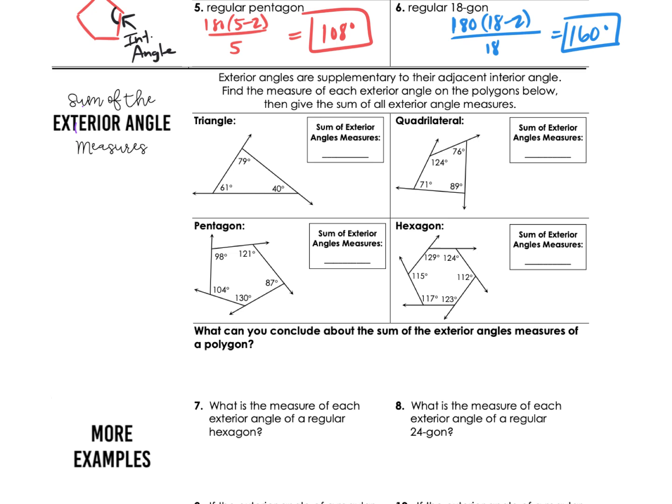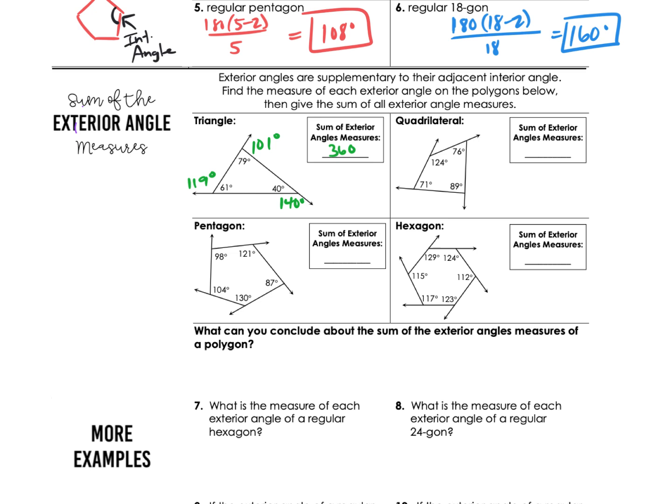The sum of your exterior angles, well, let's see what happens in this triangle. 180 minus 61, that's 119 degrees. 180 minus 79, that's 101. 180 minus 40 degrees is 140. When I add those up, I get 360.